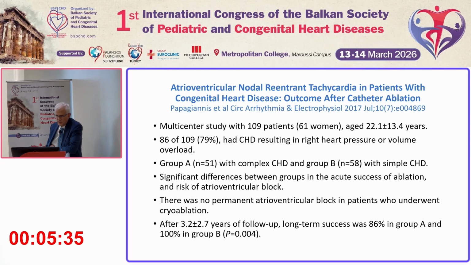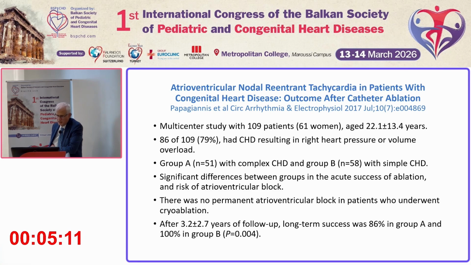Patients with congenital heart disease can also develop typical AV node reentry tachycardia. We did a multi-center study of 109 patients with this and found that the most common group of patients who develop AVNRT were those who had right heart pressure or volume overload.